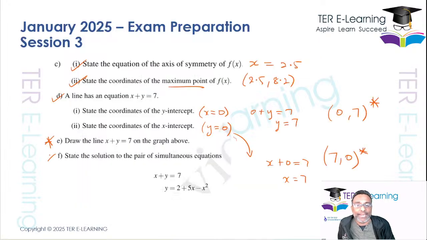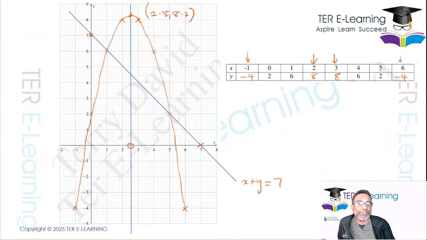And then the last part, state the solution to this pair of simultaneous equations, right? Now you can solve a pair of simultaneous equations graphically if we know where the two graphs intersect. So all we need to do here, guys, is realize that it's going to cut here and it's going to cut here. So the solutions will simply be those coordinates there.